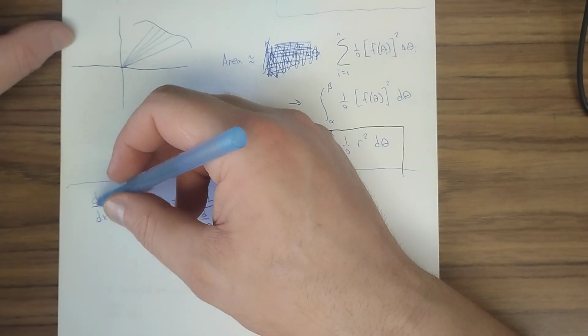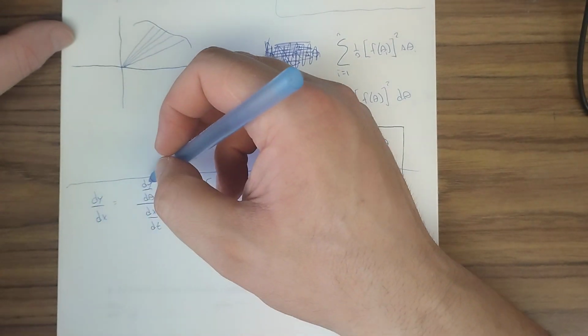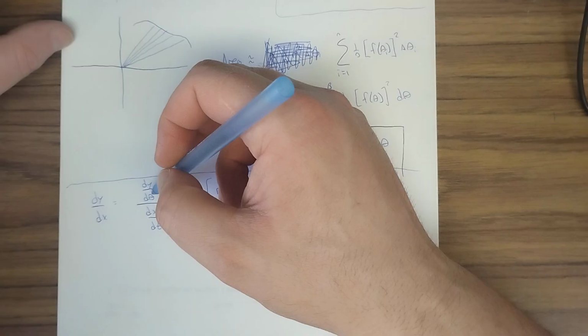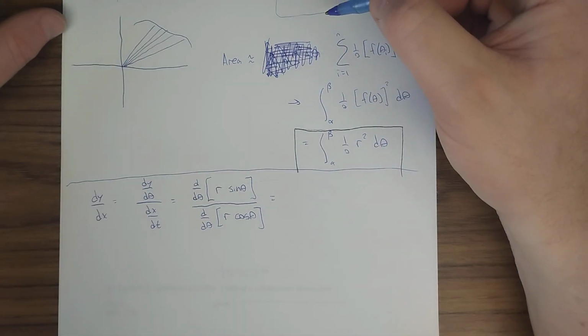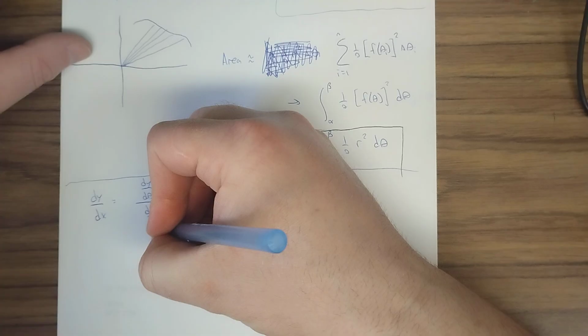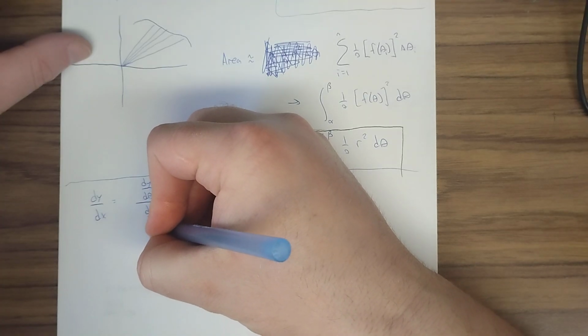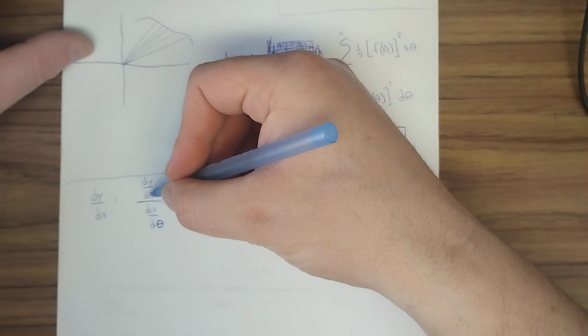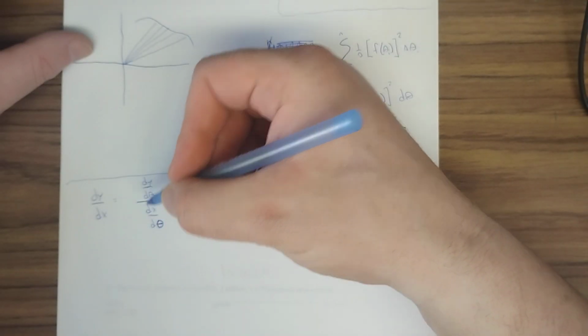And what do we do in parametric equations? If I want dy over dx, I do dy over dt and then dx over dt, except instead of t's, we have thetas. So the mistake that I made was writing a t down here. These should both be thetas. I got the theta up there, I just wrote t down there, so I just fixed it.